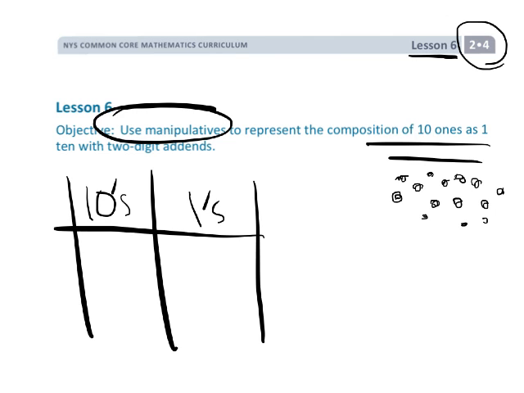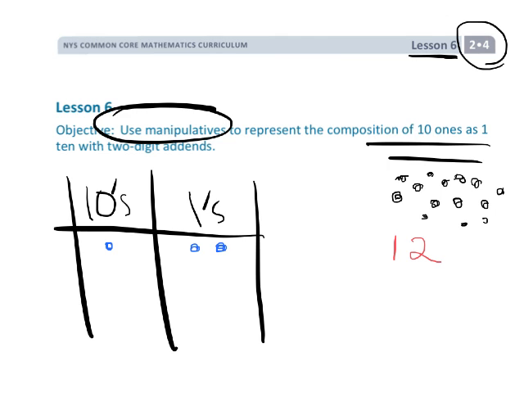And then the idea would be, if you were to ask students to model the number 12, the number 12 would be modeled as 1 ten plus two ones, right there.